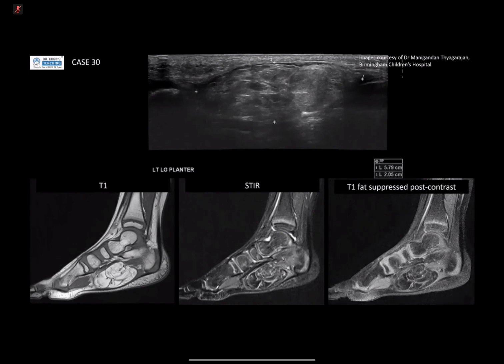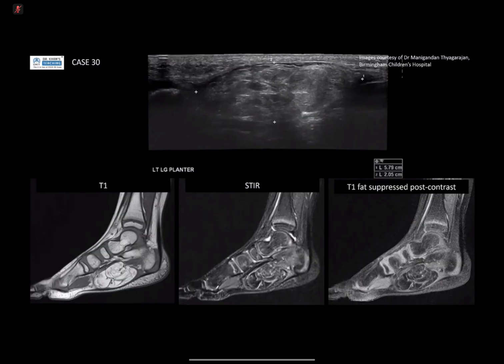Candidate 4, last slide. This is a sagittal ultrasound image of the left leg in the plantar aspect. There is a heterogeneous area in the plantar aspect of this image. I am provided also with MRI. MRI is showing T1 which is hyperintense.